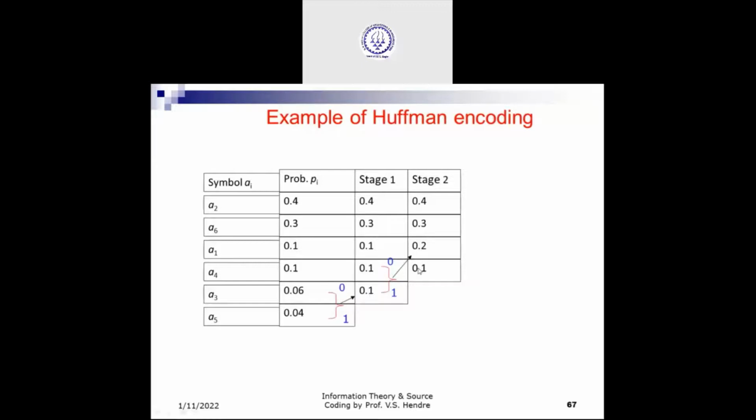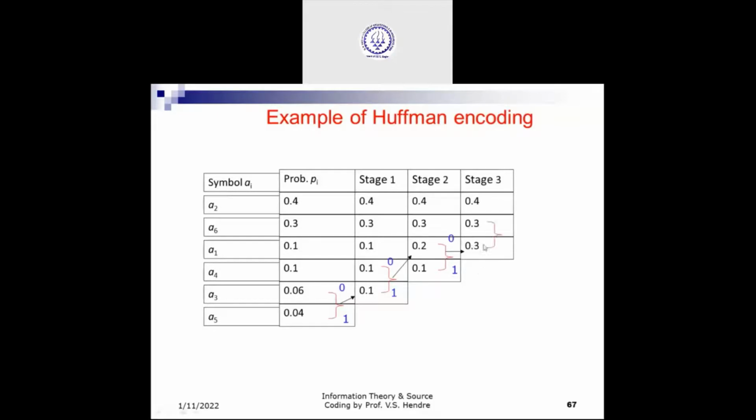Once again I have to repeat the same process till I get a single element in the column. So once again, my focus will be on the last two elements. I will assign binary 0 to the upper element, binary 1 to the lower element. And then the sum of these two, 0.3, will be carried forward into the next column, 0.4 as it is, 0.3 as it is, and this 0.3 at the lower end.